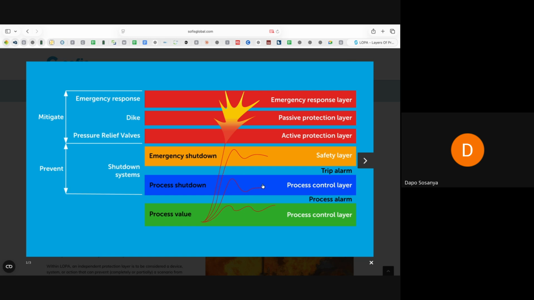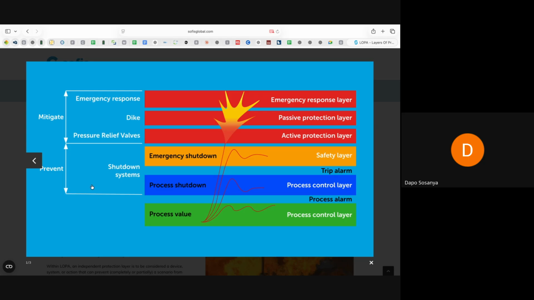It gets into here, you have your process control layer, and then this is the limit where the trip alarm occurs. Then after the trip alarms, you get into the safety layer, emergency shutdown. So you can see how it is categorized here.